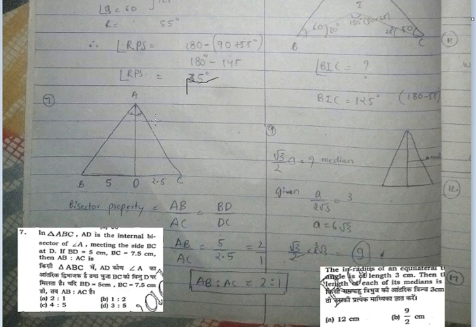Okay, so we know the bisector property: AB by AC is equal to BD by DC. So this is the angle bisector property. If you substitute everything in this, you will get the ratio AB is to AC is equal to 2 is to 1. So you have to understand, means remember, this formula, right? Next question, guys.